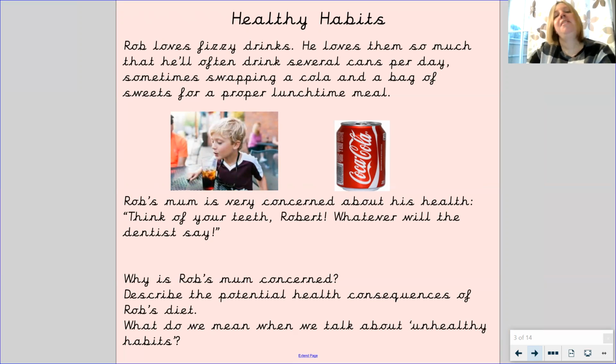So when he went to the dentist, he might need to have fillings because they would have an effect on his teeth. What do we mean when we talk about unhealthy habits? So unhealthy habits are things that aren't very good for us. And we're going to find out a little bit more about healthy habits and unhealthy habits in today's lesson.